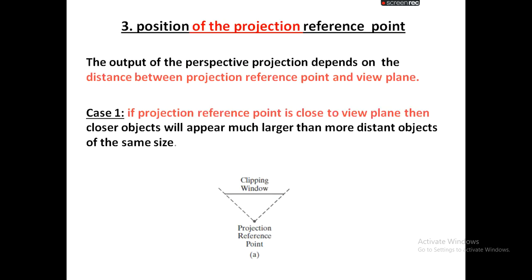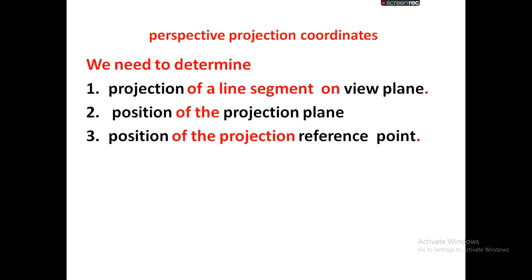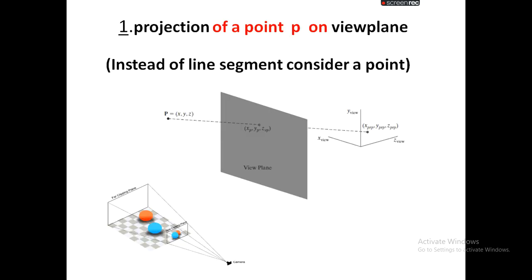Next is the position of the projection reference point. So I will repeat with respect to this slide. First we discussed how to get the projection of a point on the projection plane. I did not derive the derivation, but a derivation exists for this particular topic.